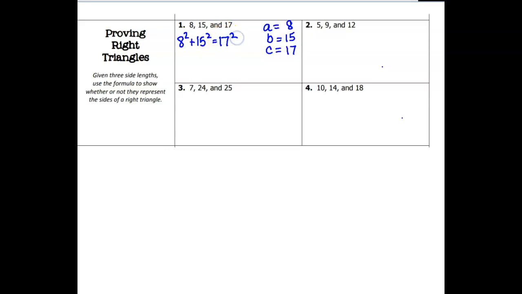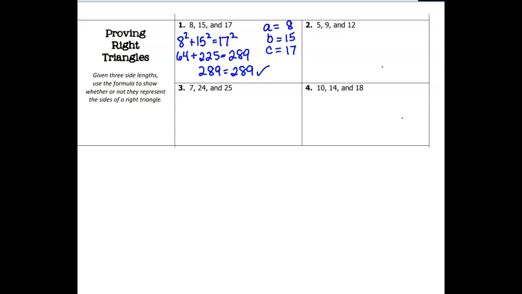I'm going to prove that this is a right triangle. So 8 squared is 64 plus 225, and let's see if that equals 289. Well, when we add those together, we do find indeed that 289 is equal to 289. So that would be a right triangle.